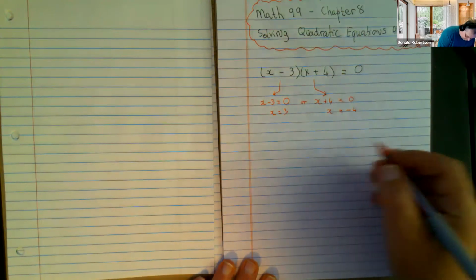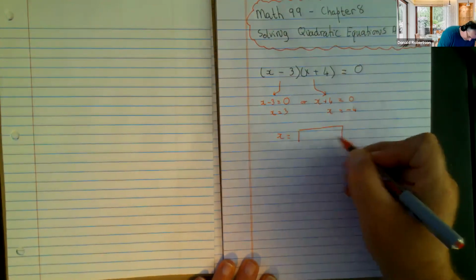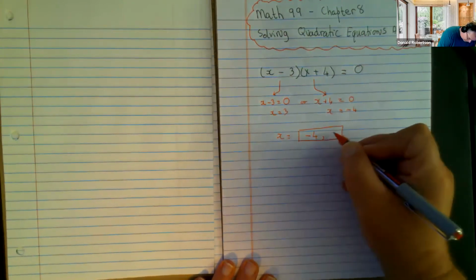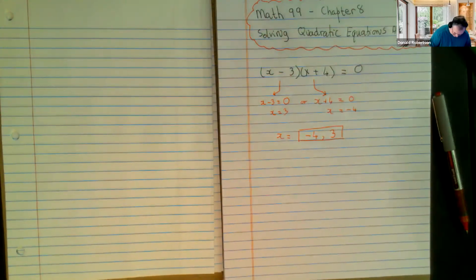And your solutions would be x equals, and then in WebAssign there'll be a little box, and you put the smallest one, comma, and the biggest one. And that's pretty much it done for you.